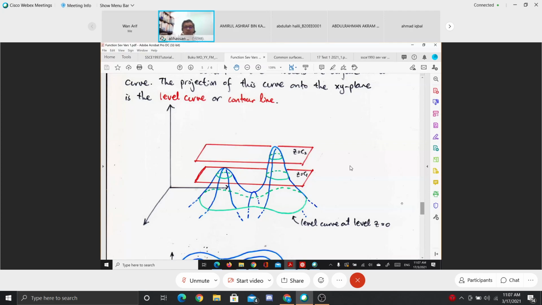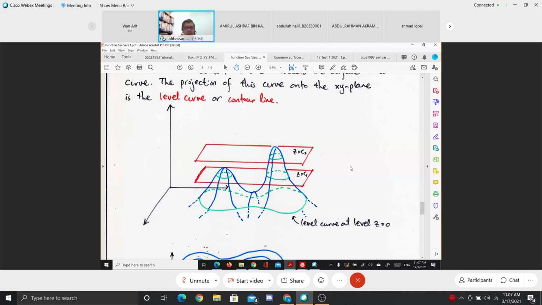And we have another horizontal plane z equal to some constant c2, and the intersection is this green colored curve here.